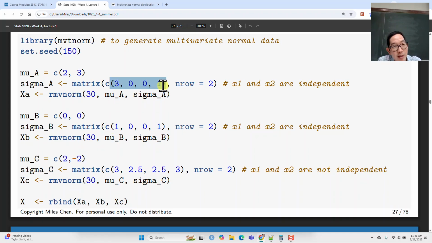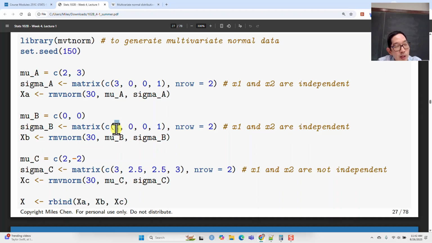Sigma A, its matrix has top left corner 3, the off diagonals are 0, and the lower right corner is 1. So there's no covariance between x1 and x2, so they are independent, and x1 has more variance than x2, okay? For class B, it's the identity matrix.